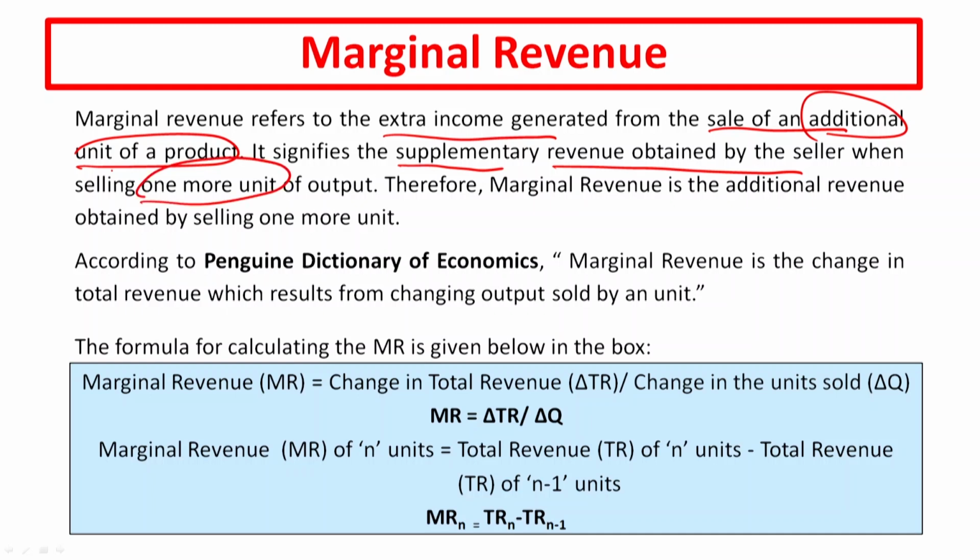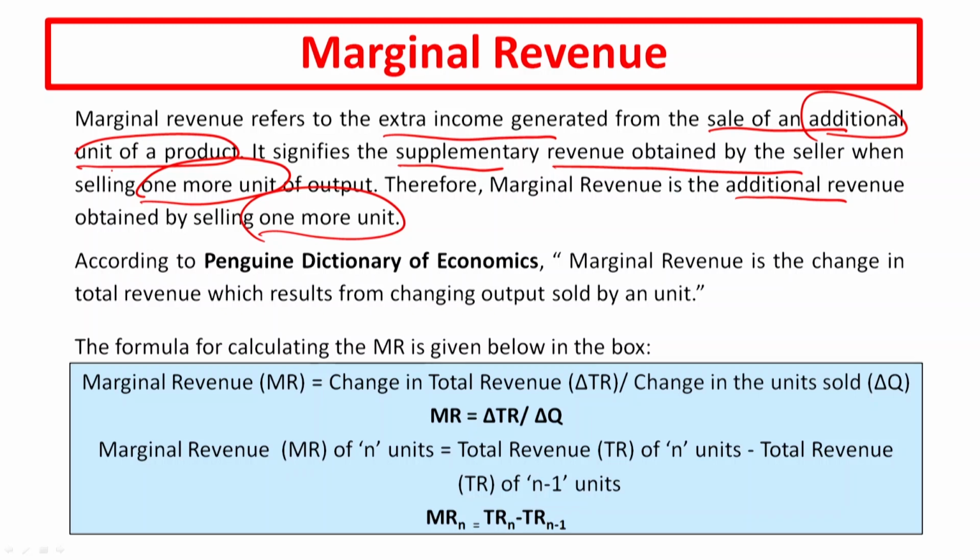If you are selling 10 units and then you are selling the 11th unit, the difference between the 10th and 11th unit will be the marginal revenue, which means one more unit is contributed. Therefore, marginal revenue is the additional revenue obtained by selling one more unit. I hope this is making sense to all of you.